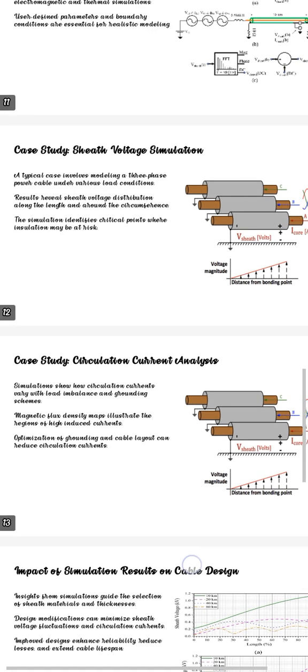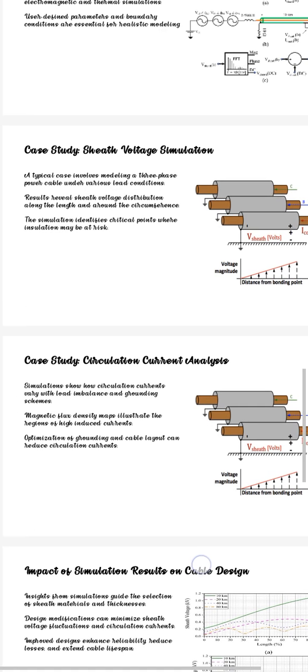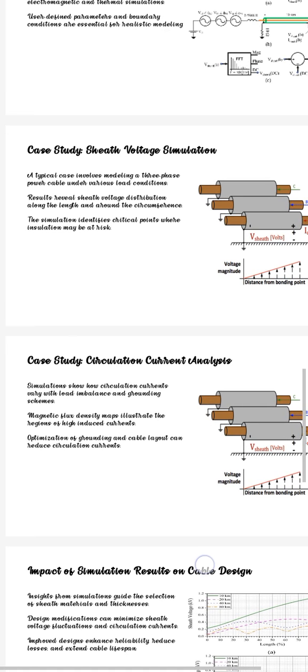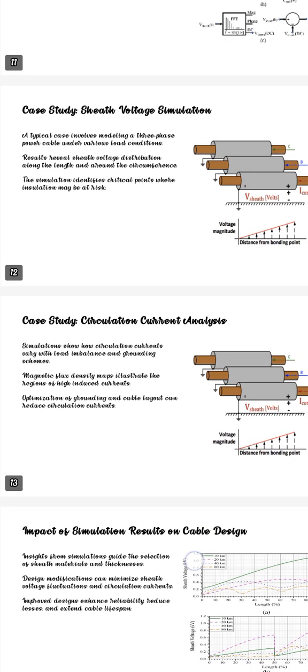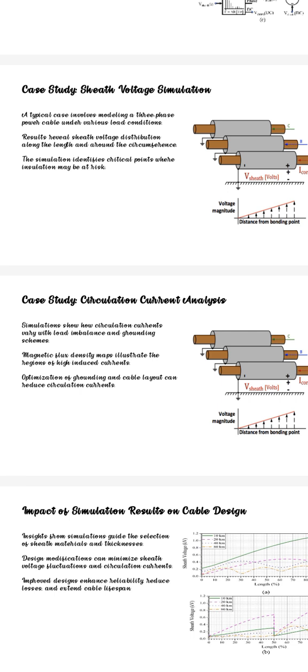The simulations identify critical points where insulation may be at risk. Optimization of grounding and cable layout can reduce circulation currents.